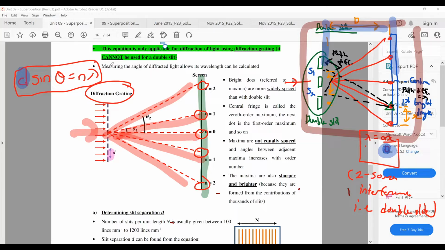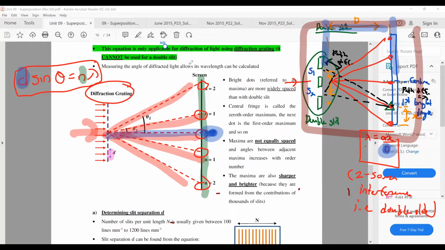All right, and then after that we have n. n is the order number. Usually for diffraction grating, when you form the interference pattern on the screen, they are labeled according to order. The center bright dot is normally called the zero order. It's labeled n equals 0.